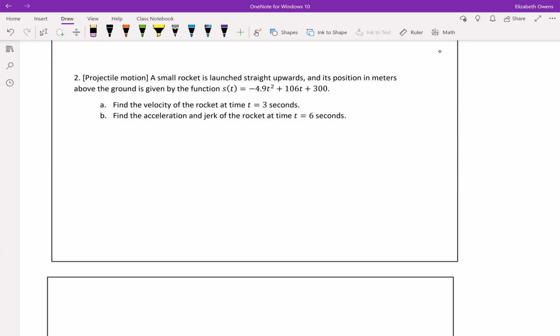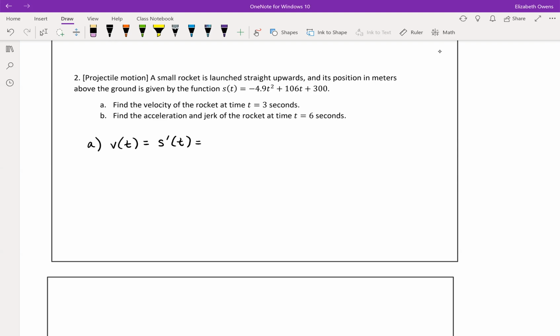So we would like to find the velocity of this rocket at a particular instant in time. So we want instantaneous velocity. That's going to be our function v of t, which is the derivative of position, s prime of t. We would use our power rule on this polynomial.